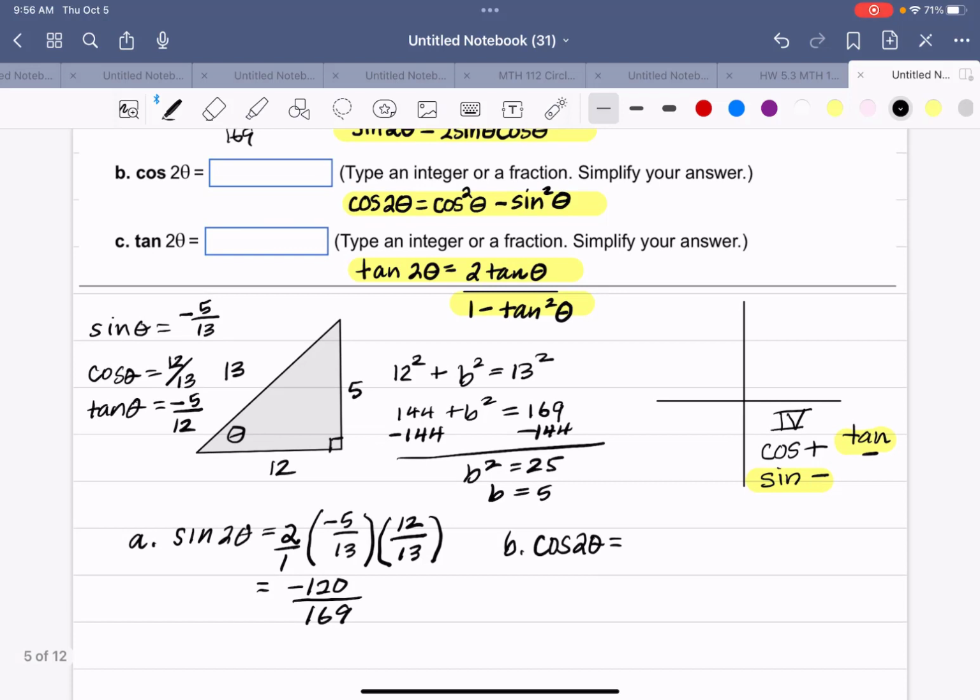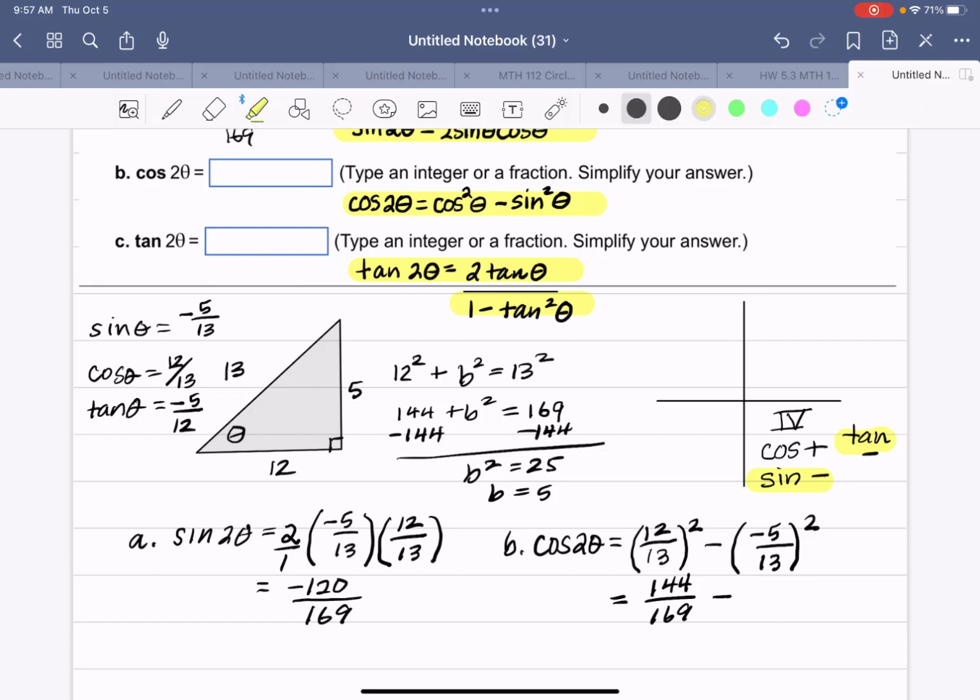So now I'll do cosine 2 theta using cosine squared theta minus sine squared theta. So 12 over 13 squared minus negative 5 over 13 squared. 144 divided by 169 minus, and remember we have to apply this exponent first before the subtraction.